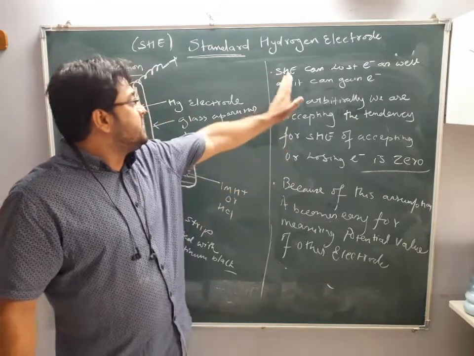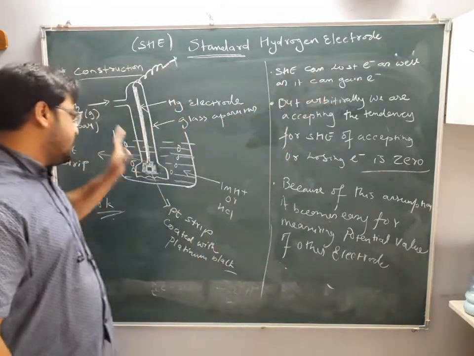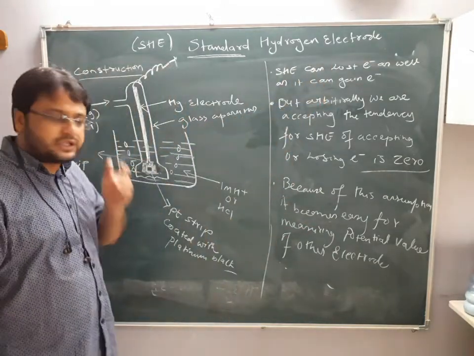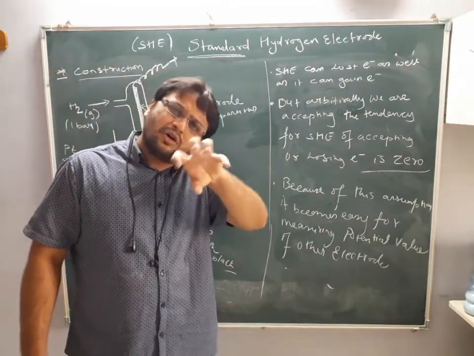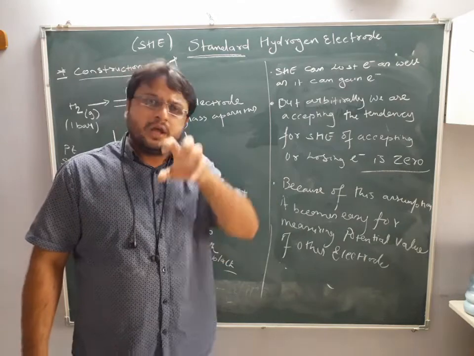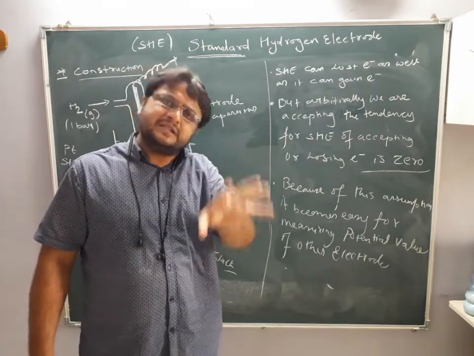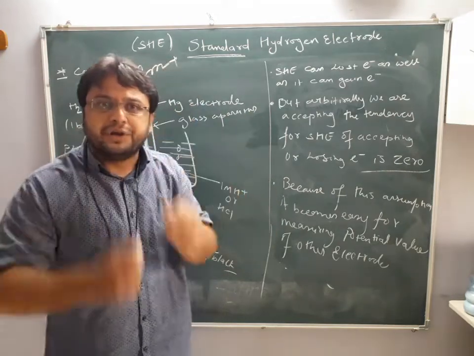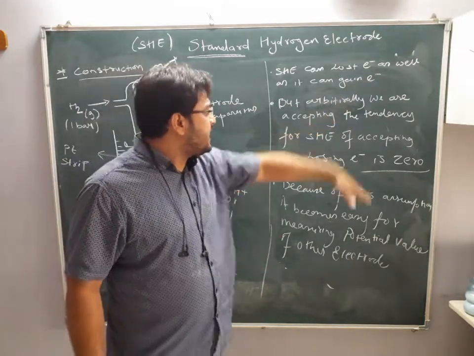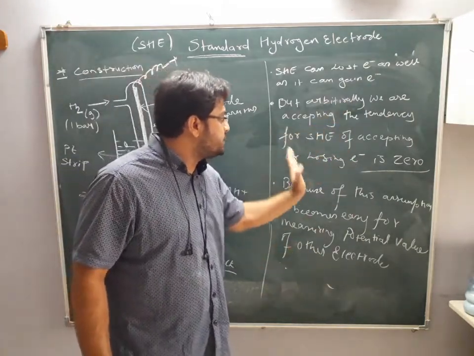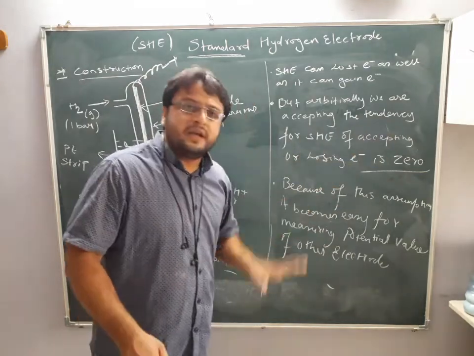What we are telling, it can lose electron. Yes, they can lose electron. We have seen in the reaction. They can gain electron also. Means some oxidation potential value is also there. Some reduction potential value is also there. But arbitrarily we have to accept. But arbitrarily we are accepting the tendency of SHE of accepting or losing is 0.